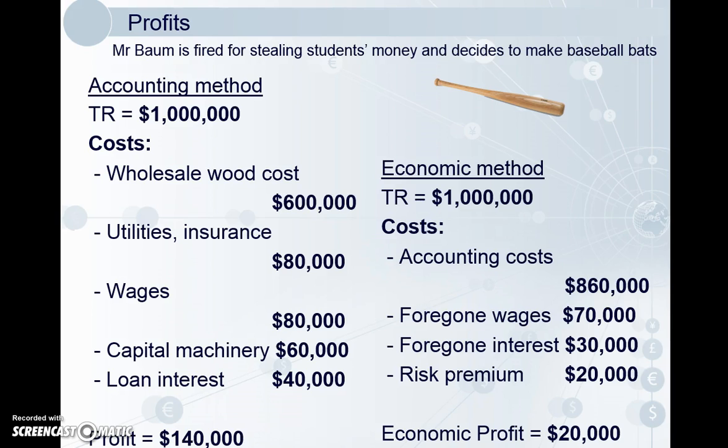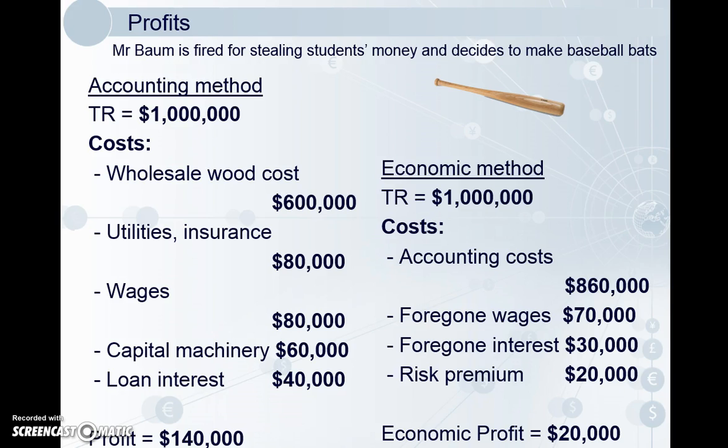I could have earned 30 grand in interest just having the money sitting in a bank. Plus, I took a huge risk, so I really need to apply a premium to that. If this business venture went bad, it could have ruined me. This leaves me with an economic profit of $20,000, which doesn't sound that good, but what it means is I'm $20,000 better off than with my next best alternative.